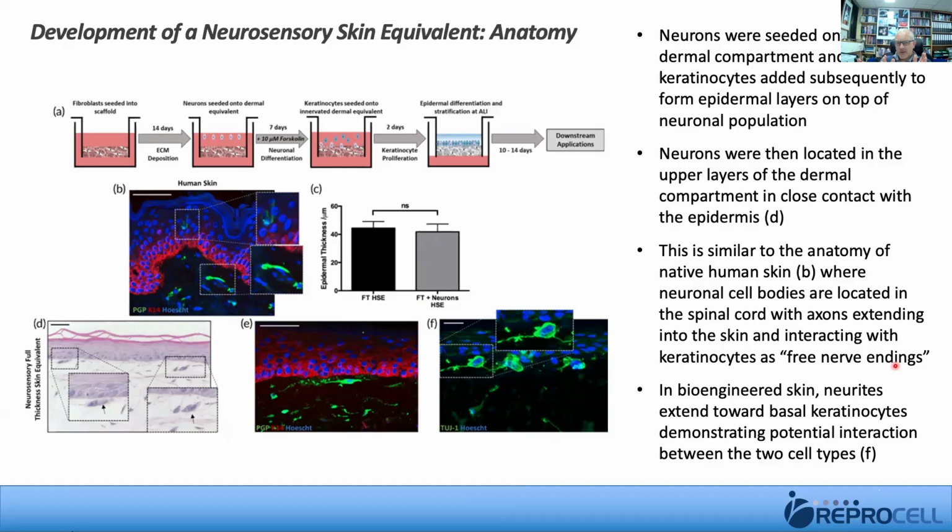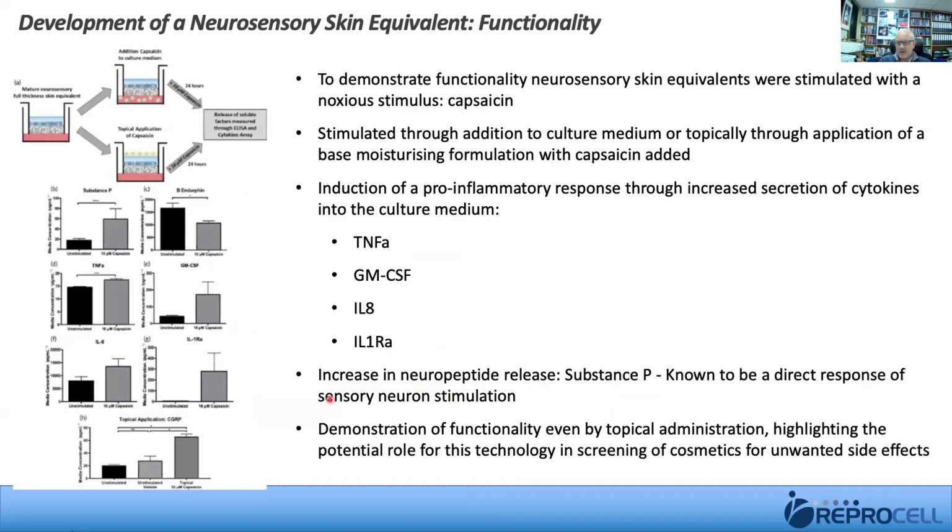So we've incorporated sensory neurons into the human model. You can see them, the anatomy of this very clearly. And the idea being that if you stimulate then those neurons, they will release neuropeptides, which you can then assay for in the media. And that's what we've done here with an example, stimulating with capsaicin.